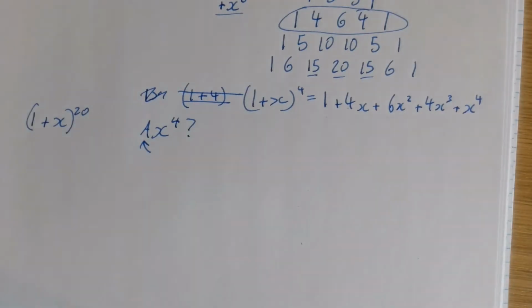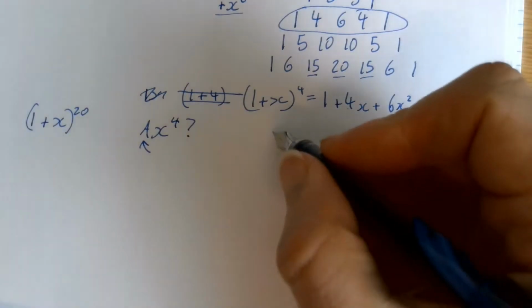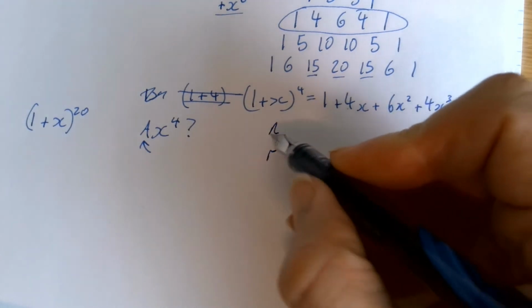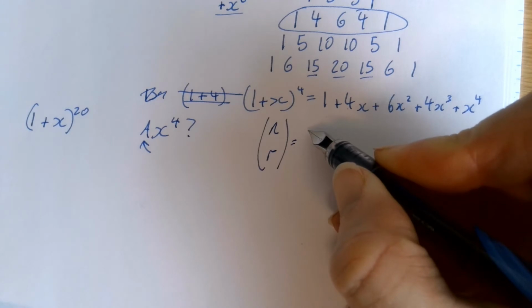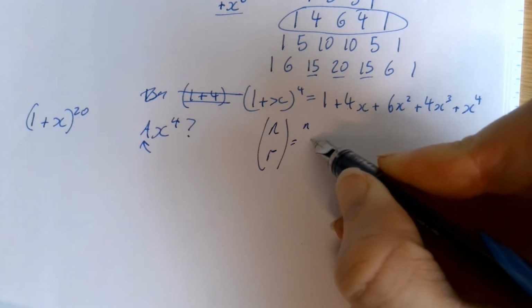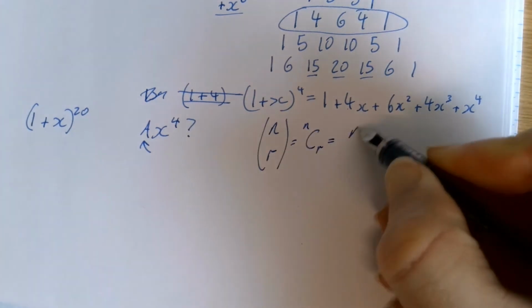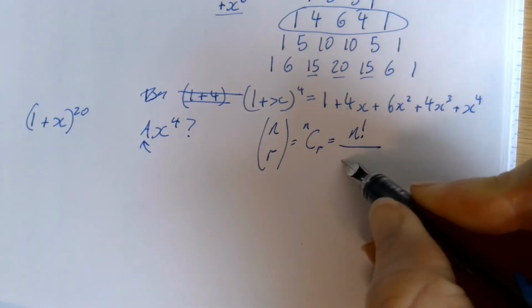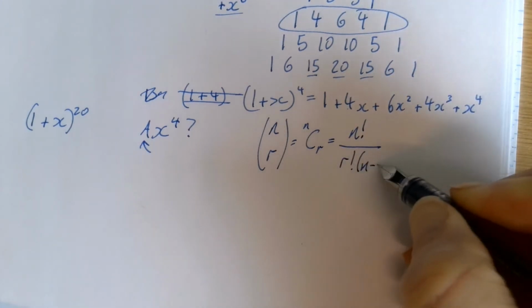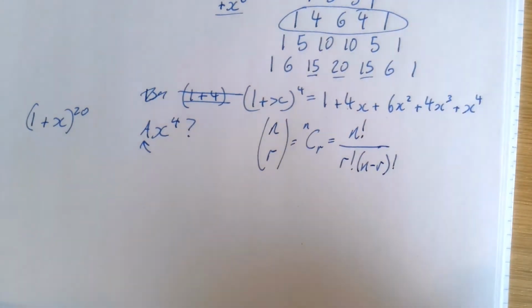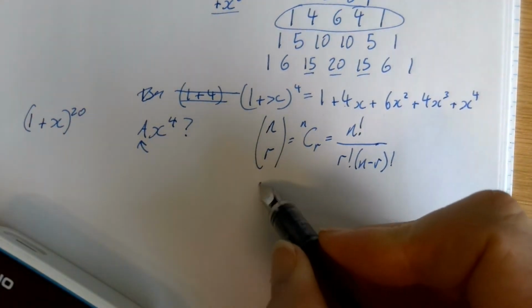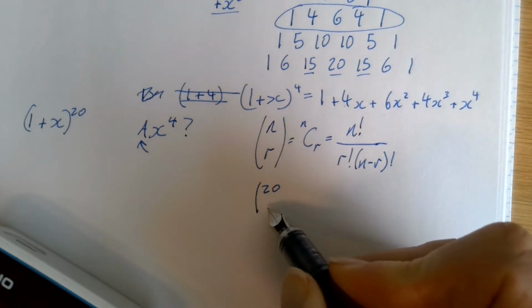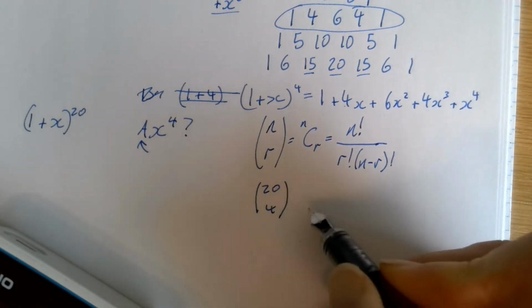So let's try that now. So we've got n over r, and we are saying we've got nCr equals n factorial over r factorial, n take r. So using what we're looking for here, that would be 20 to the power 4.